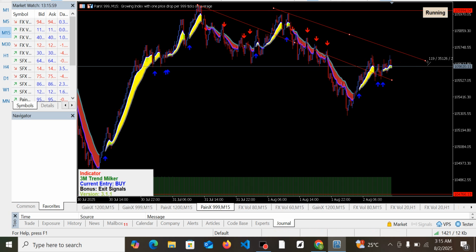And if it's unable to break out above this trend line, then we are most likely to see it going back on a downtrend again, and of course it will sell more. So for me, this will still sell more if it does not break out above this resistance zone, I mean, above this trend line. So we should take note of that.